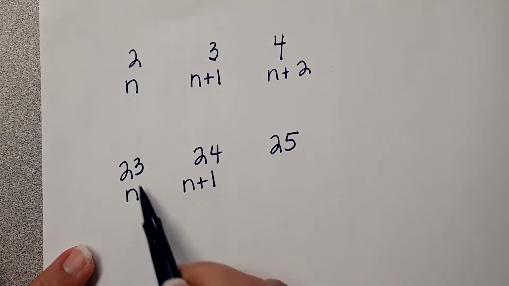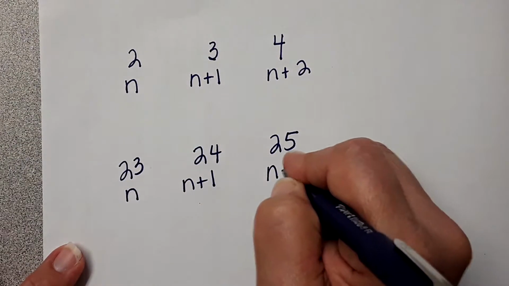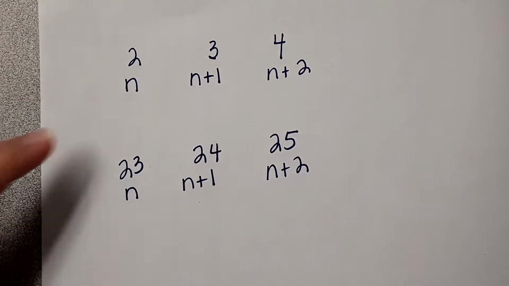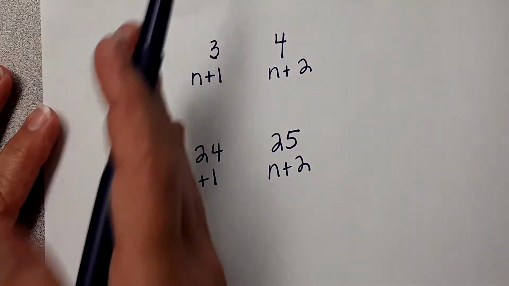What did I do to n to get 25? Plus 2. That's how consecutive integers always work. Isn't that nice? So if it says consecutive integers, that's how you set it up: n plus 1, n plus 2. If it's 3 of them, that's how you set it up. If it's 2 of them, you only need the first half.